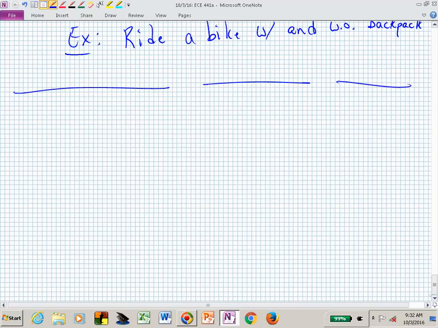Now, what we want to do is talk about sensitivity in a more mathematical sense or an engineering sense. Sensitivity arises when we have system uncertainty, and that's the difference between you riding a bike with or without a backpack. There's uncertainty in the system.